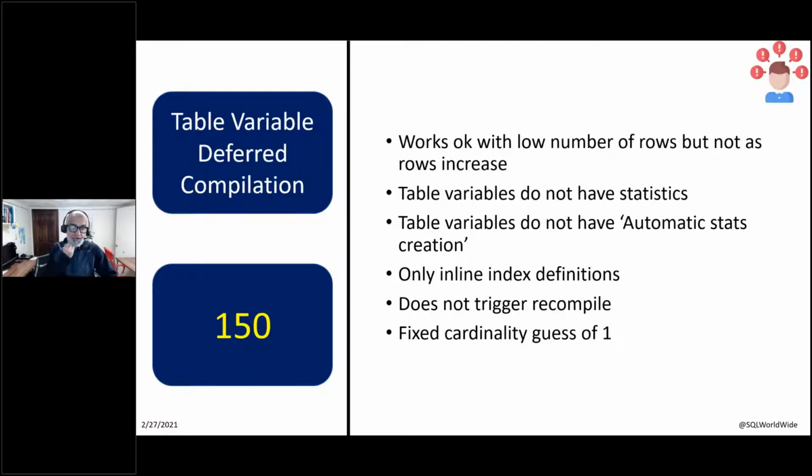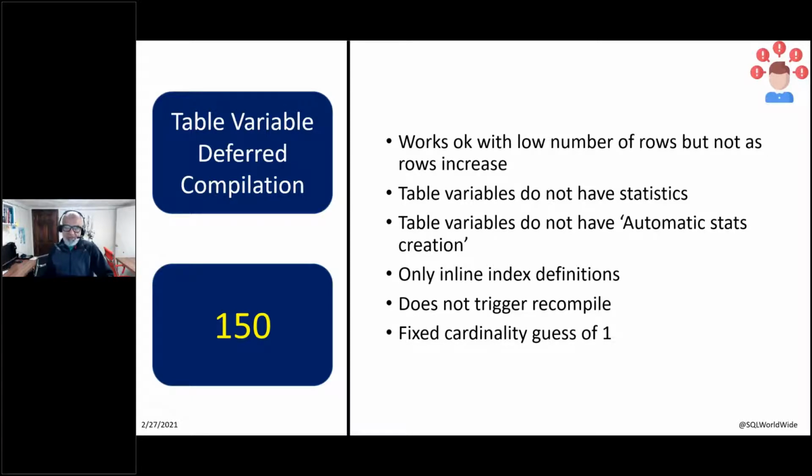Table variable deferred compilation. If you've been working with SQL Server for a while, I'm pretty sure you know the problem with table variables. At the compilation phase, the SQL Server engine, or the query optimizer, doesn't have any idea how many rows are in the table variable. So what does it do? It just guesses that you have 1 row, and that's always a problem.